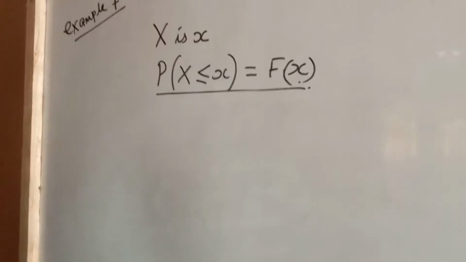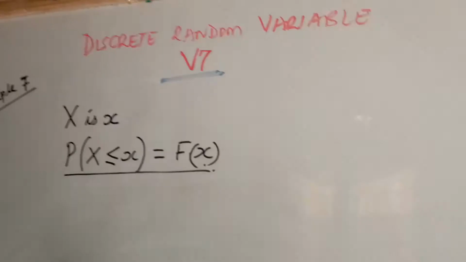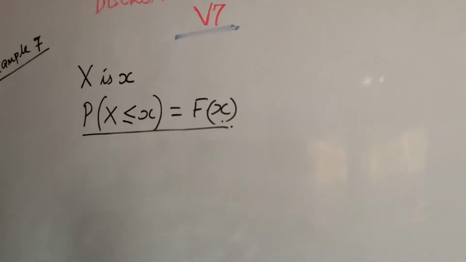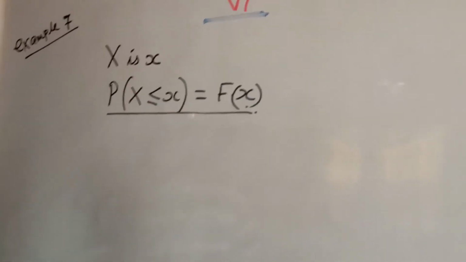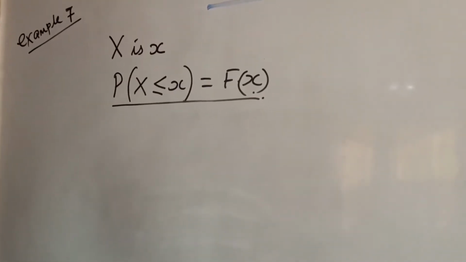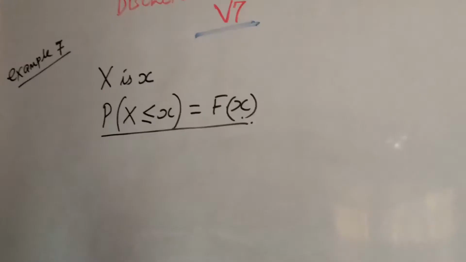Point number 2: like a probability distribution, a cumulative distribution function can be written as a table. Note the presence of the word cumulative, and I will explain why we are calling it cumulative distribution function.